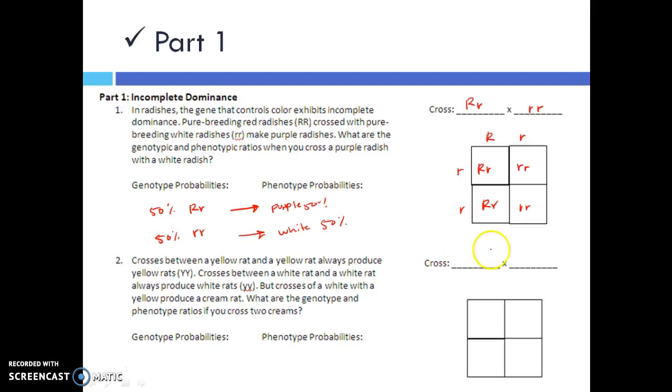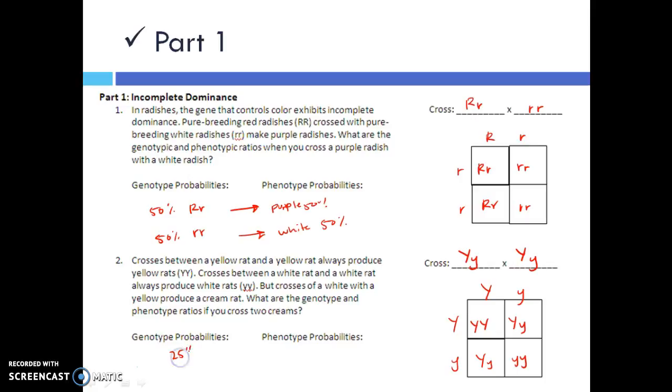Our next one, we're going to cross 2 cream rats. Cream rats are the intermediate heterozygous trait. So we are going to fill in our Punnett square like so. And then we will do our genotype probability.